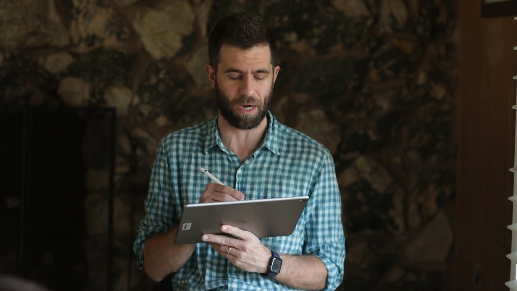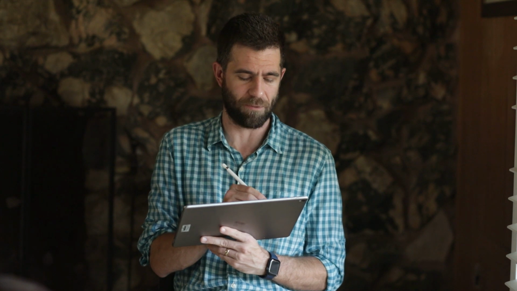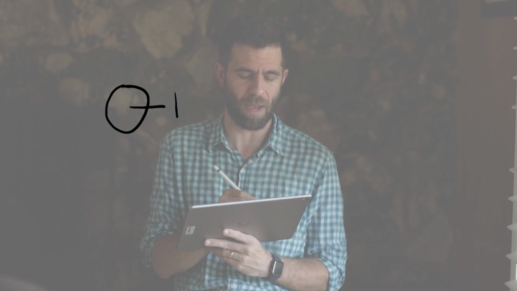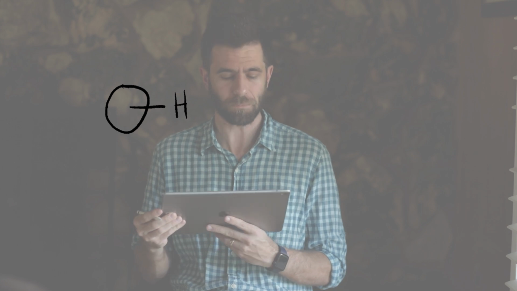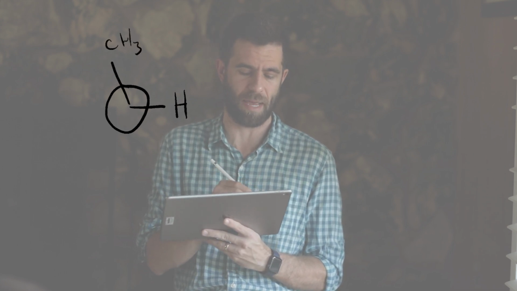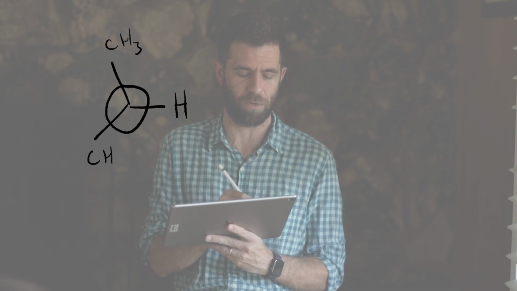Well, if you think about an E2 reaction or one of these really common elimination reactions, what we're going to have are two carbons, and I'm going to represent those two carbons with a Newman projection so we can see the result and how this works. And let's say we have some hydrogen here, and then we have a CH3 and another CH3 over here.